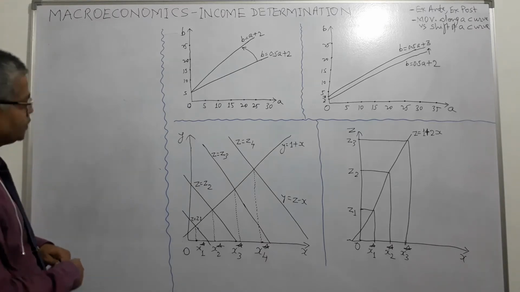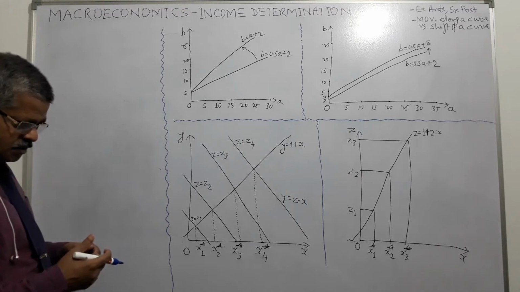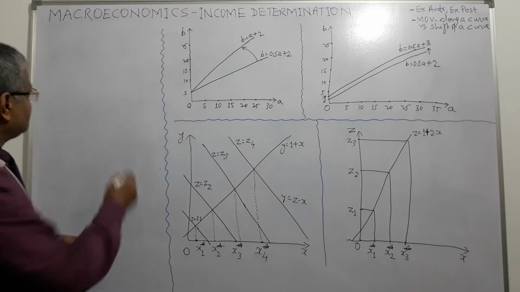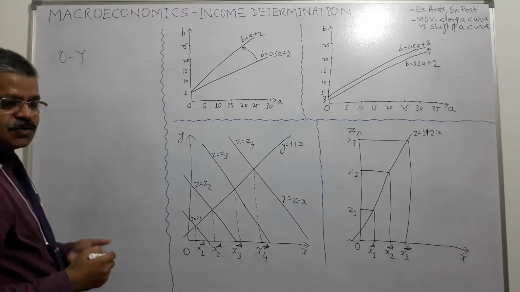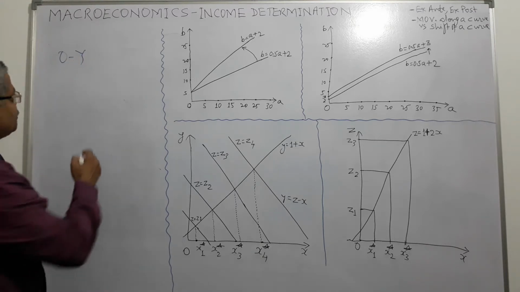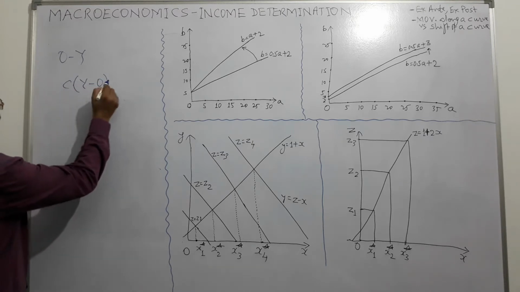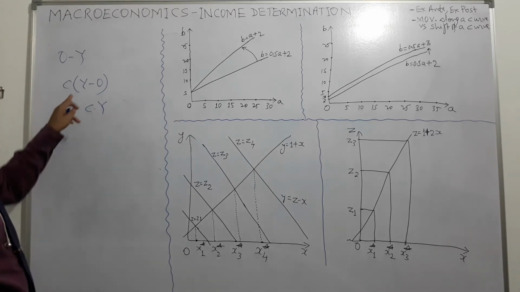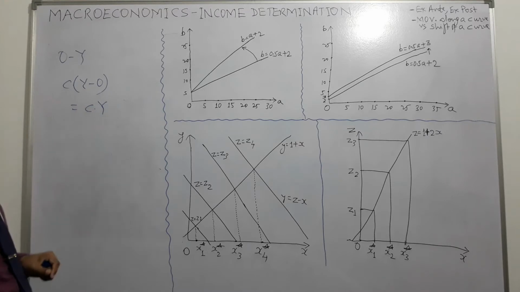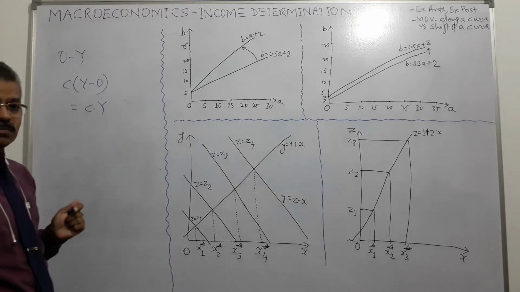Suppose income is going to increase from 0 to Y. So what is the marginal propensity to consume? That is C into Y minus 0, which is equal to C into Y. Since this is 0, this is C, the marginal propensity to consume.